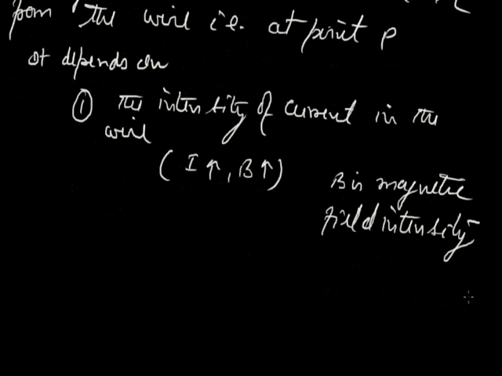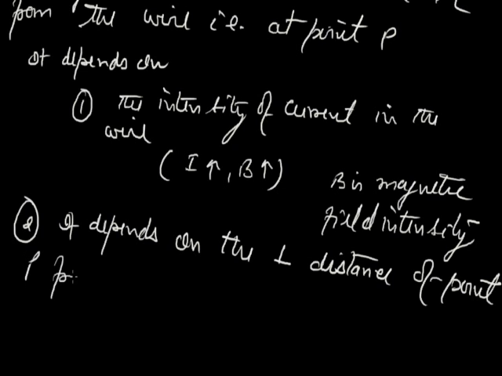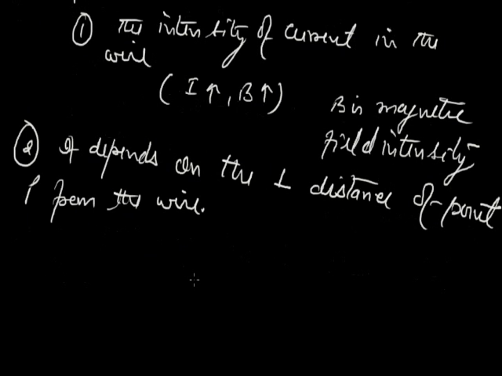Number two, it depends on the perpendicular distance r of point P from the wire. It means in short, if we increase the distance, then B will decrease.